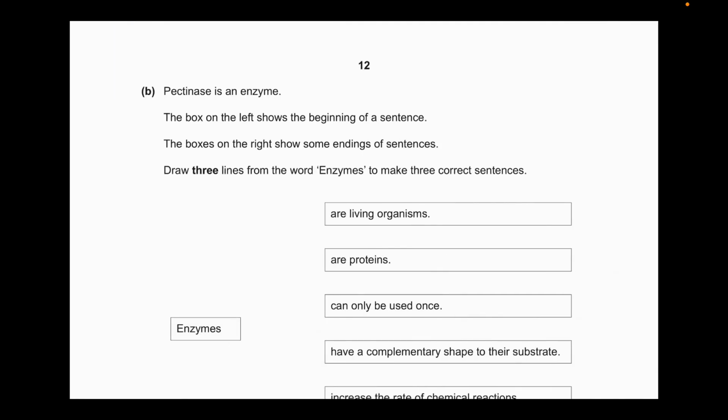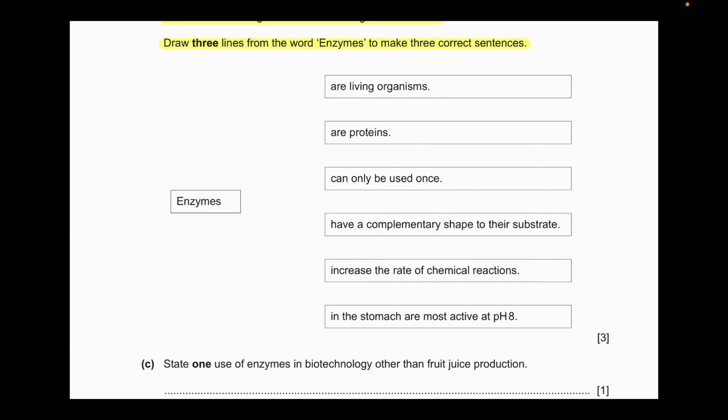Guys, moving to the next question. Pectinase is an enzyme. The box on the left shows the beginning of a sentence. The box on the right shows some endings of sentence. Draw 3 lines from the word enzymes to make 3 correct sentences. Well, enzymes are not all living organisms. Enzymes are proteins, that's for sure.